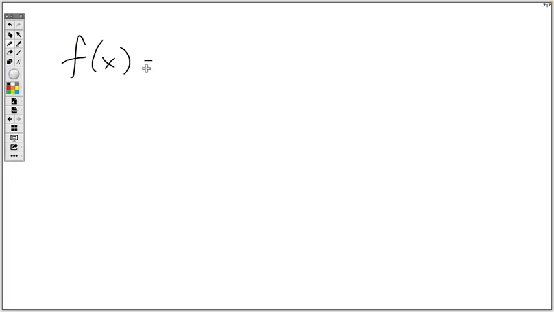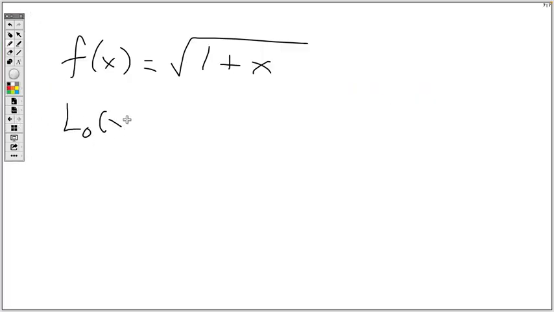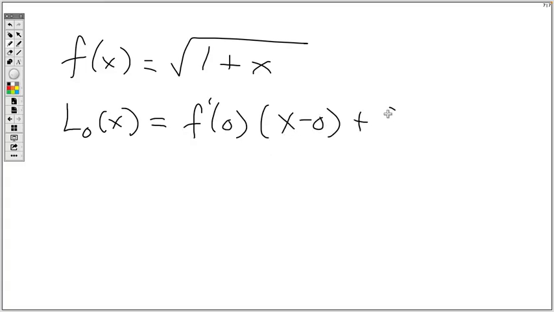So here's our f of x, square root of 1 plus x. And they want us to find L0. Okay, so L0 of x is, by definition, the tangent line at 0. So it's going to be f prime of 0 times x minus 0 plus f of 0.